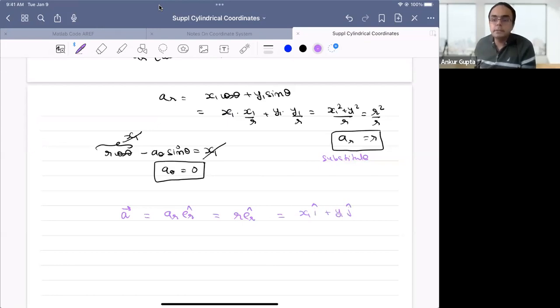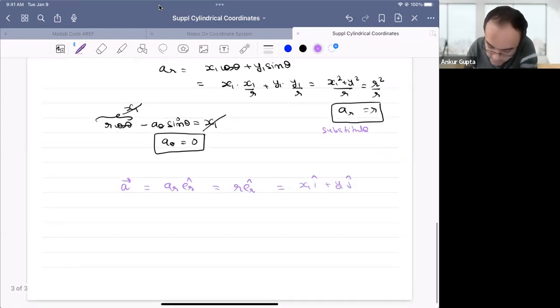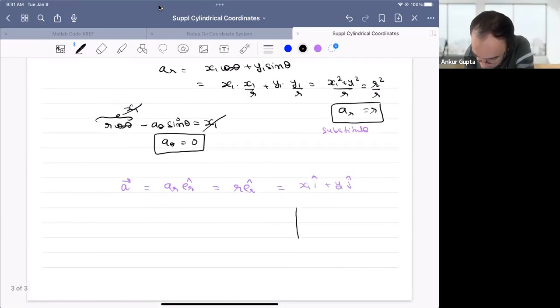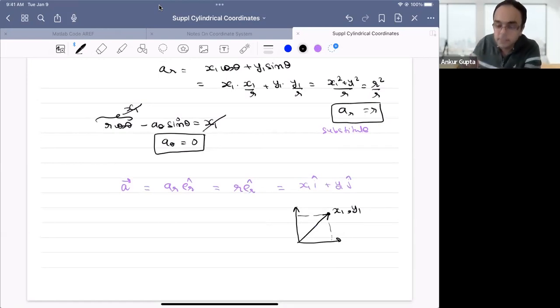Okay. So what was the point of doing all this analysis? Essentially what we are saying here, and this also makes sense now once you see this, you can't unsee it. If I have a point x1, y1 here, I can also say I have gone just radially outwards with a distance of R, and there is no angular e_theta dependence, right? I'm just going from 0 to that vector.